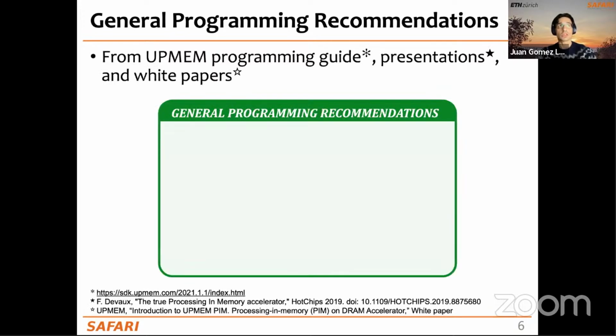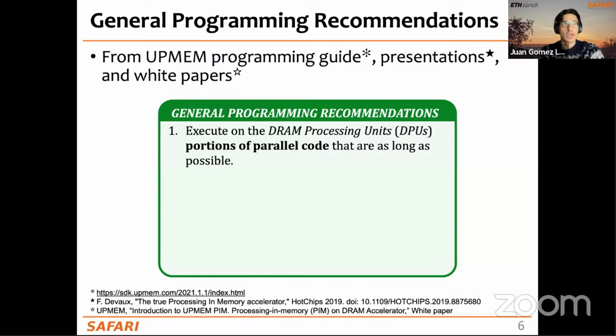Remember that we also talked about some general programming recommendations. The first of them is to execute on the DRAM processing units portions of parallel code that are as long as possible. There are a couple of important reasons for this.